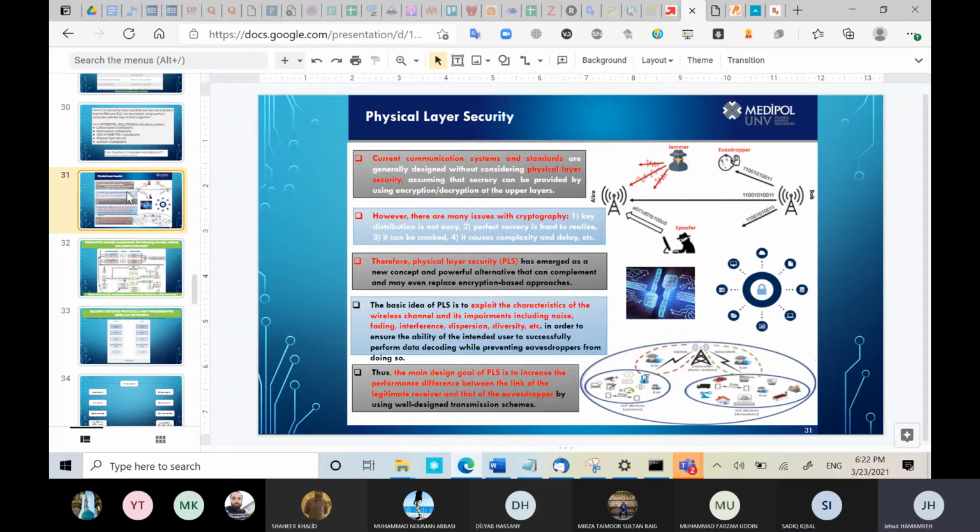Perfect secrecy means that no matter what supercomputer you use, no matter how many antennas and what SNR level you get, regardless of all these things, you have no capability whatsoever to crack the security algorithm. So imagine how strong this method is if you can achieve it with physical layer security.